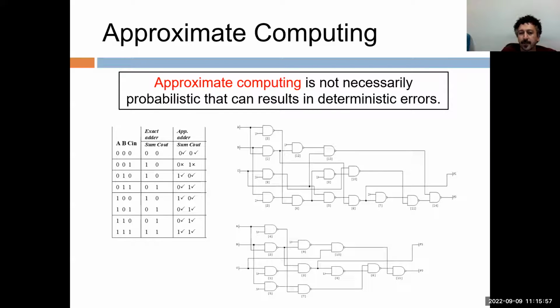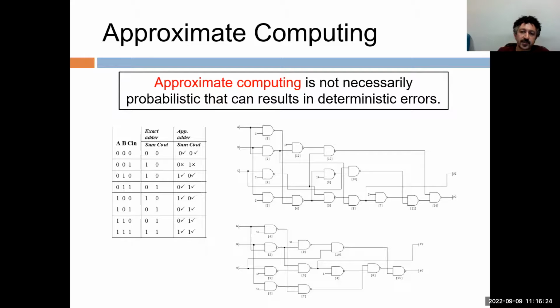Terrible. Who wants this, right? But for applications, especially image processing and neural networks, if there is an accuracy criterion, you can do things approximately. What is the advantage? Approximate circuits can consume much smaller area, and relatively less power and energy.